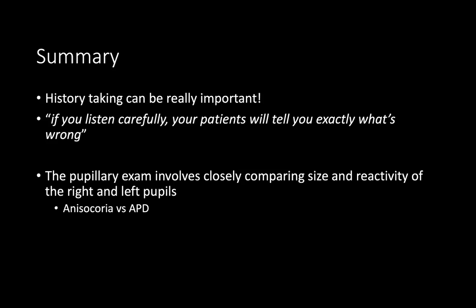An APD is never normal, and it has to do with the reaction of pupils to light and comparing the two. You can have anisocoria with an APD. You can have an APD with anisocoria, but neither is a must. So it's important to note that there are significant but different problems of the eye.